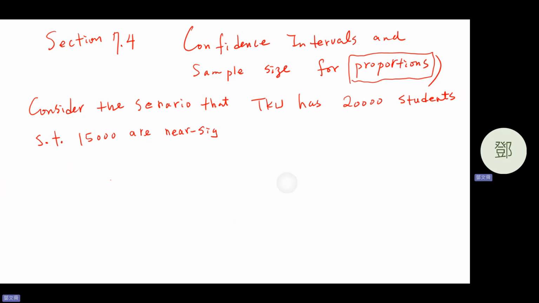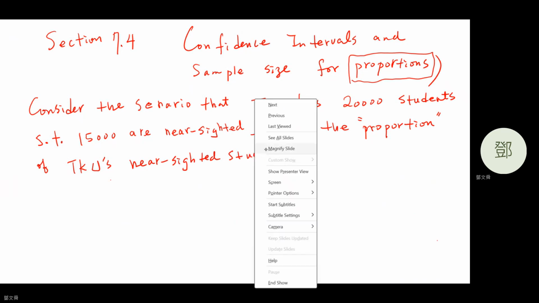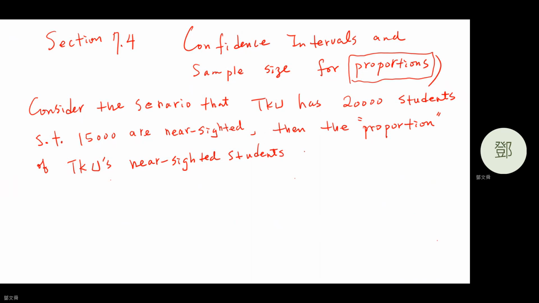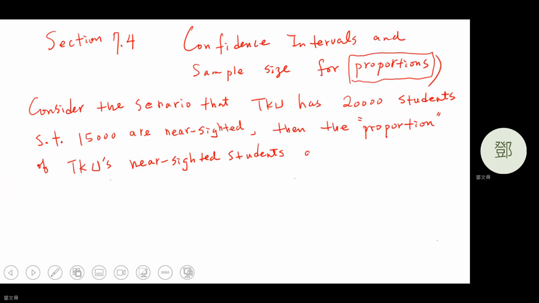Okay? 近视眼。Then the proportion of nearsighted students is 0.7475, which is the ratio of 15,000 over 20,000.